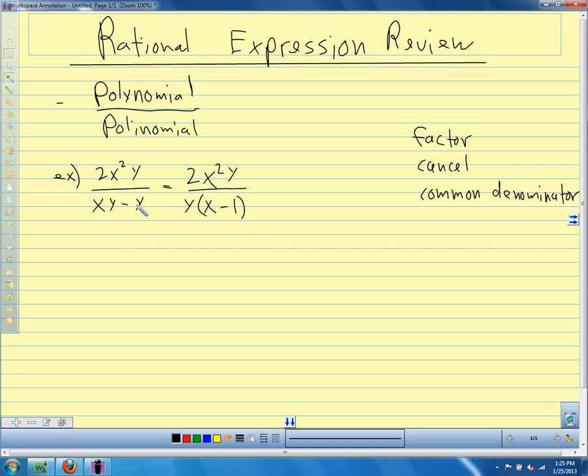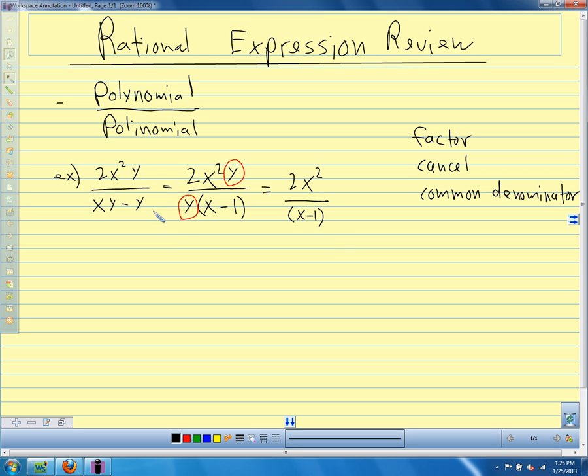So I just took the common factor of y out. And now, because there's a y on the bottom, and this y is multiplying on the top, I can cancel those. So I factored, now I'm going to cancel. I'm going to say this is 2x squared divided by x minus 1. And that's all we're left with.